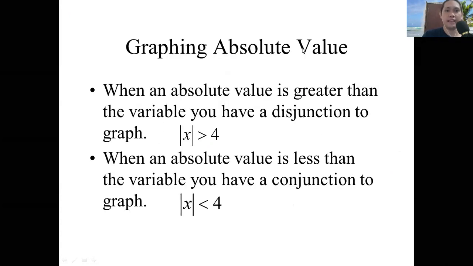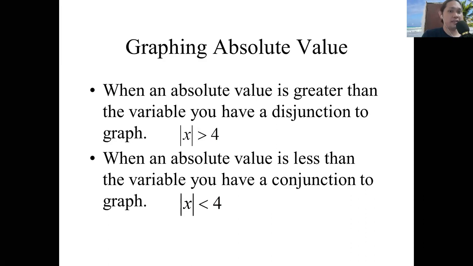So next, graphing absolute value. When an absolute value is greater than the variable, you have a disjunction to graph. Like in the given absolute value of x greater than 4, you have a disjunction. In short, there is no intersection. The solution sets of the inequalities will never meet. So that's the meaning of disjunction.